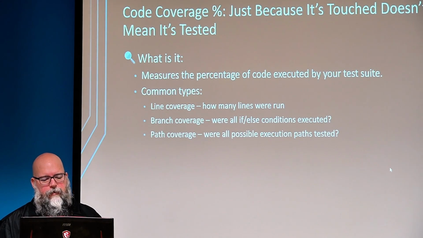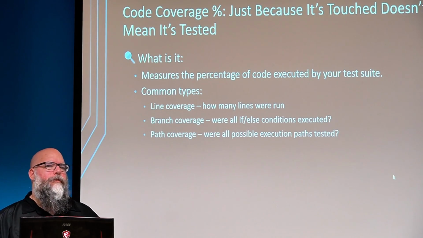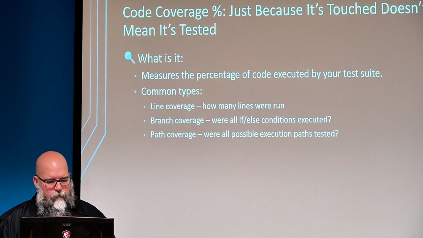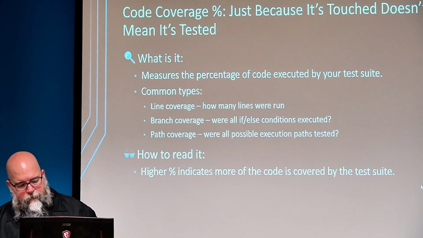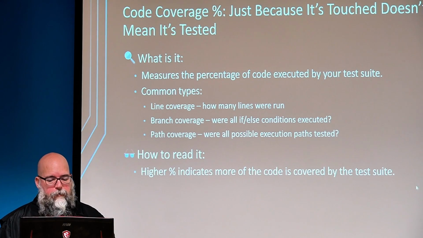There are common types: line, branch, and path, but in Visual Studio, I think we pretty much just use line. And then how to read it: higher percentage is good, lower percentage is bad.